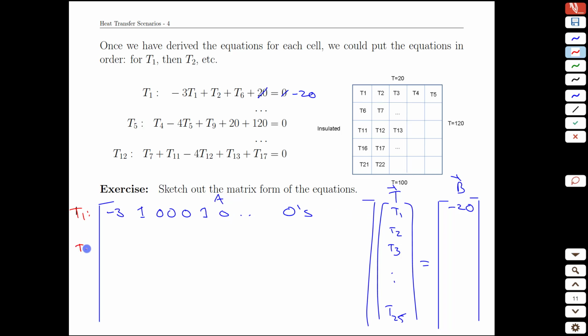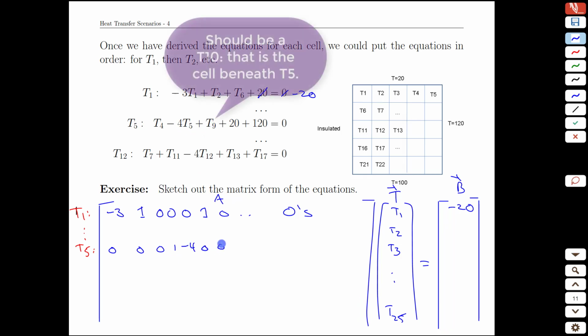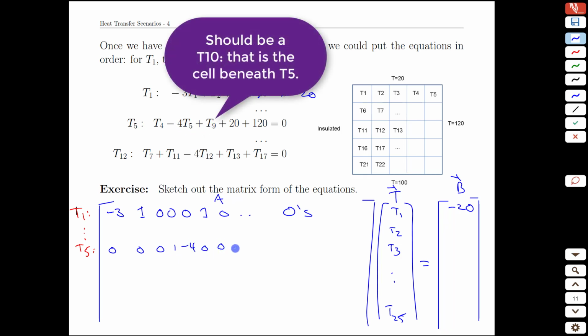Further down, if we were doing T5, we would have some entries in between, but T5, we would scan across and say there's no T1s, no T2s, no T3s. There is a T4. There's minus 4 T5s. There's a T9, so we go on for a while. 5, 6, 7, 8, 9, have a 1.